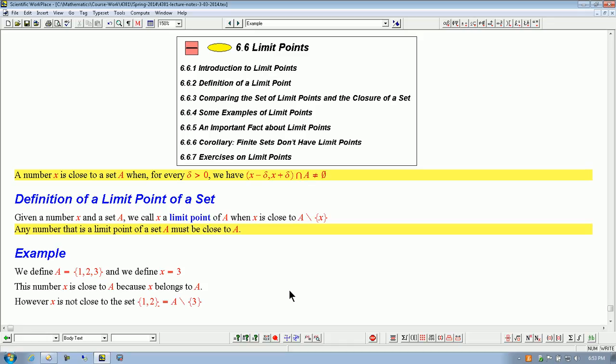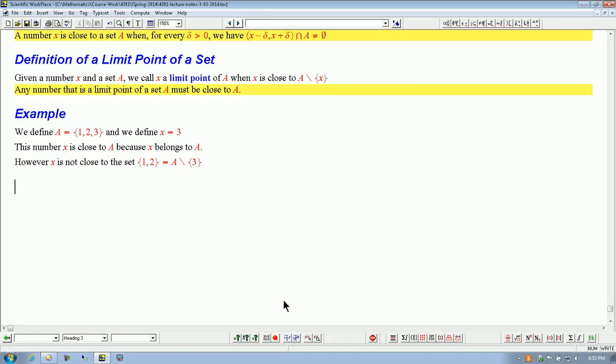I'm going to give you another example. We define A to be the following set. I'm going to take the interval running from 1 to 3, union the singleton 5.